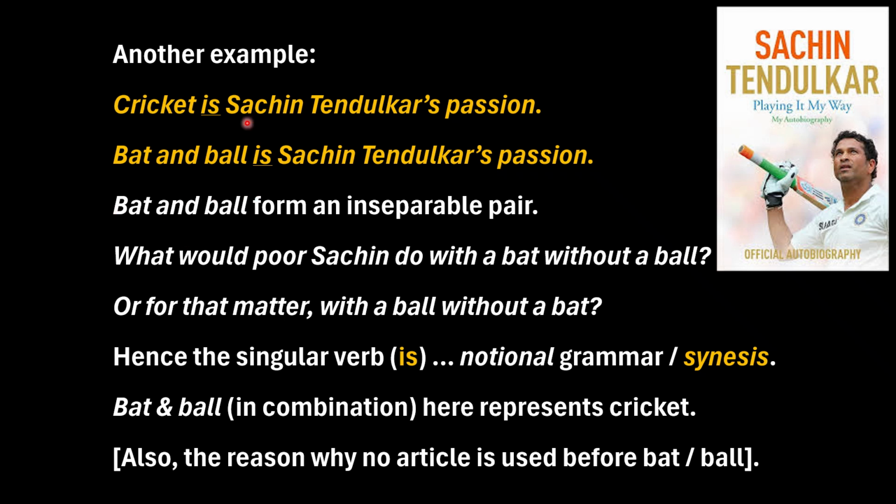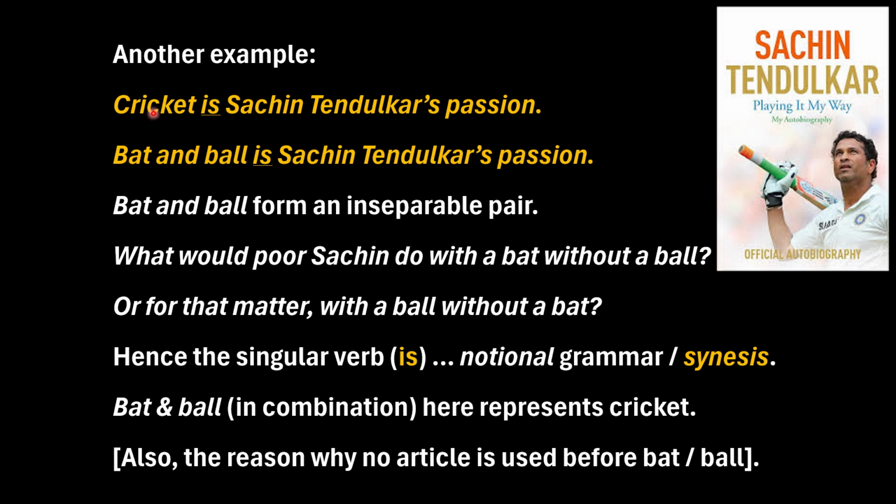Bat and ball together, an inseparable pair, form what is called a representative for cricket. Right? They represent cricket. Cricket is, bat and ball is. Bat and ball together represent cricket. So bat and ball in combination here means cricket.